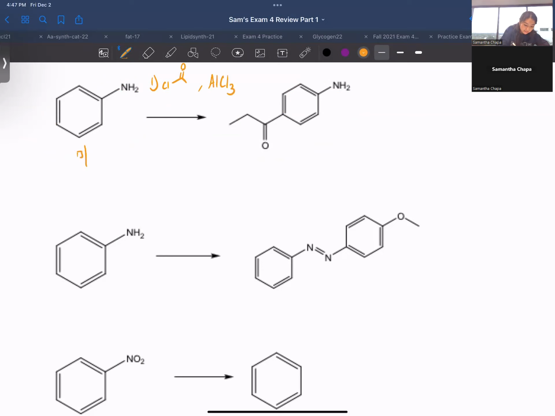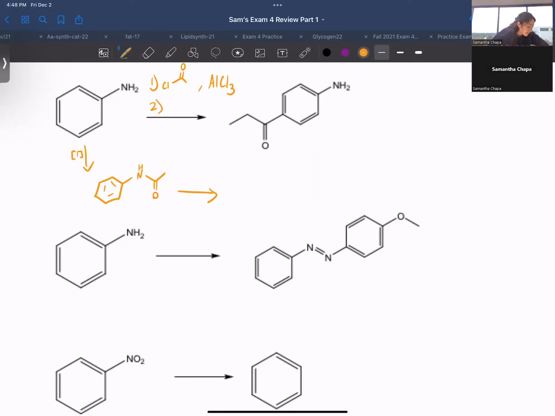So the first reaction is like if we're doing a Friedel-Crafts, but it's only going to react with our amine part. And boom, boom. For step 2, we took care of the amine already. Hold on. We took care of our amine.